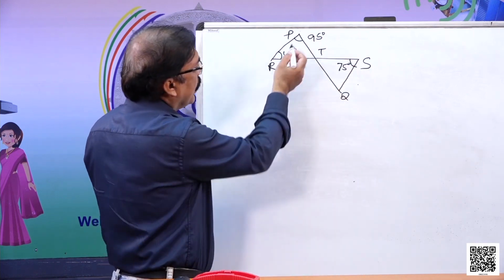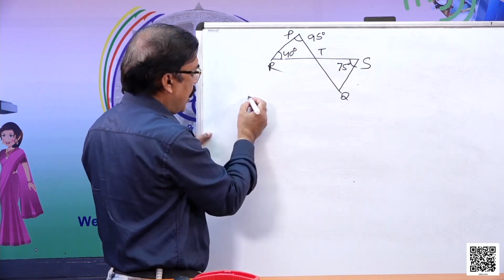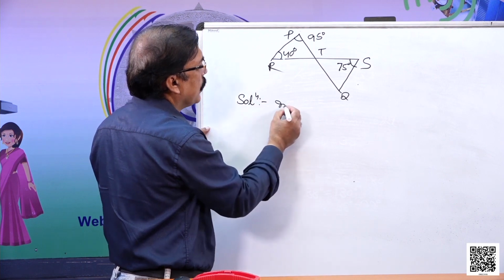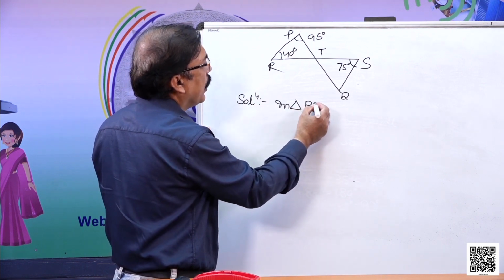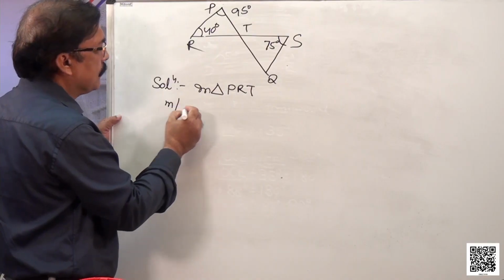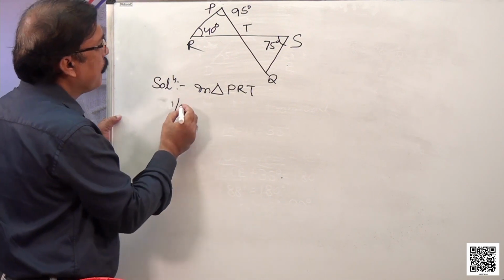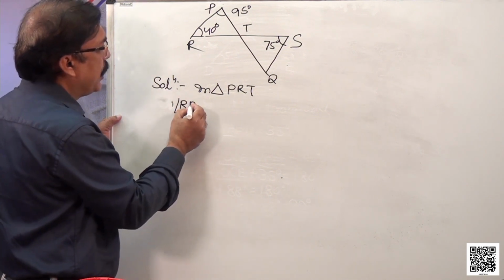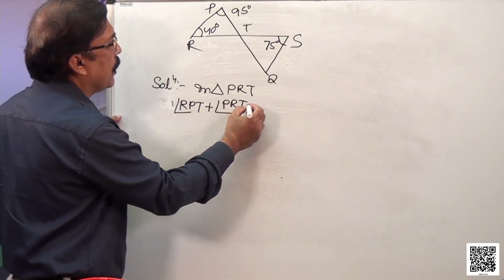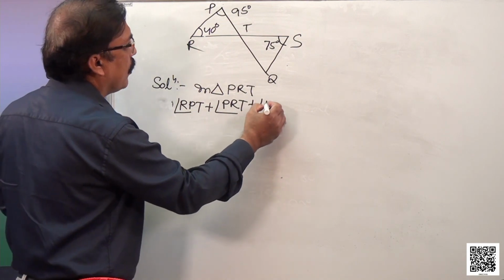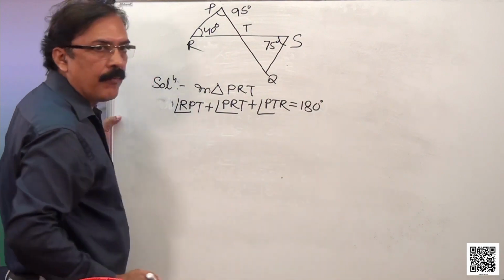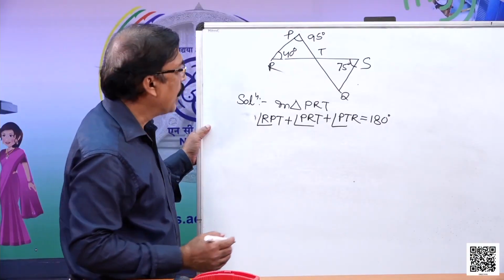Now, in this triangle PRT, we have angle RPT plus angle PRT plus angle PTR is equal to 180 degree by angle sum property of triangle.